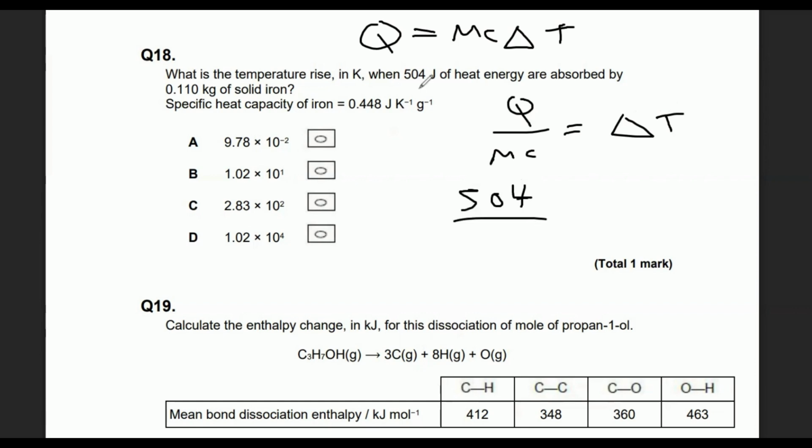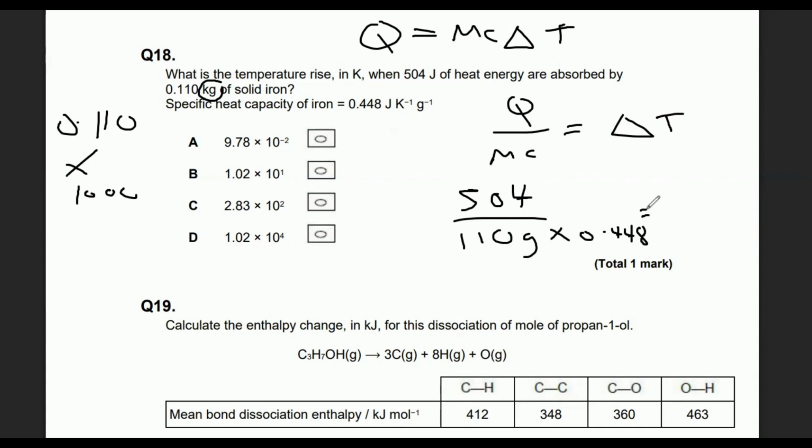We now have that. The mass is going to be 0.110 times 1,000. Why? Because it's in kg and we're chemists. We don't like to use kg. So we are going to have 110 grams and we need to times that by 0.448. And what are you giving us?